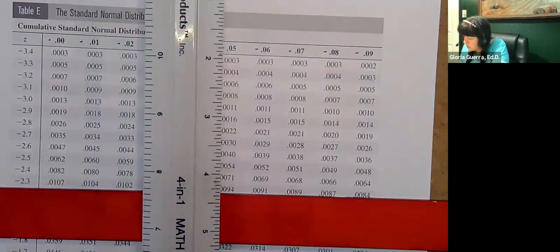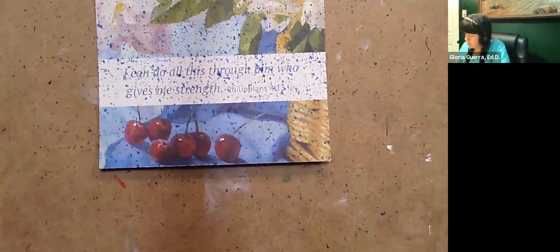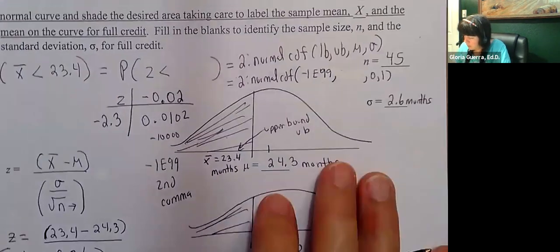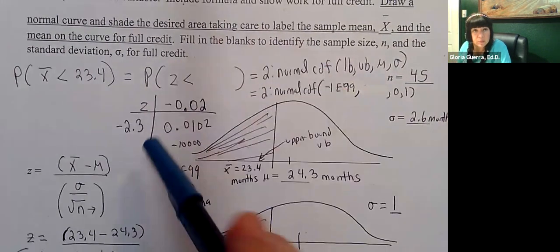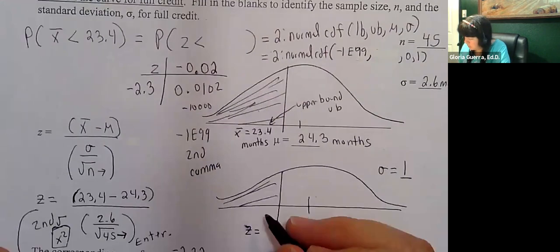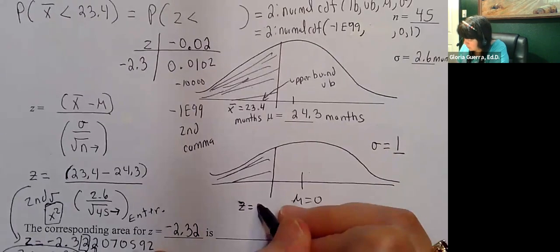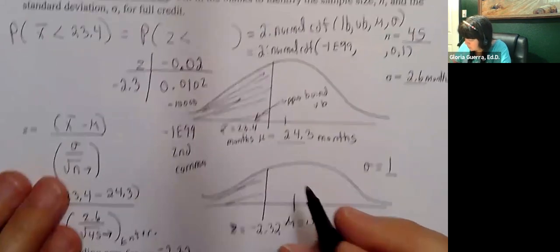Okay. All right. And then the z, now I can put that in. So first x bar 23.4, and in the new picture, my new z, when I ran it through and transformed it, is negative 2.32.